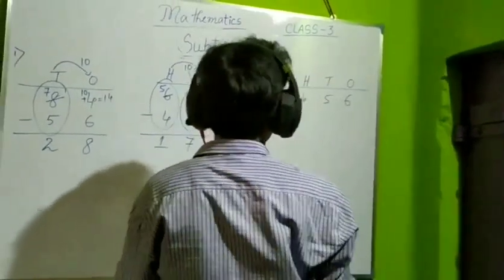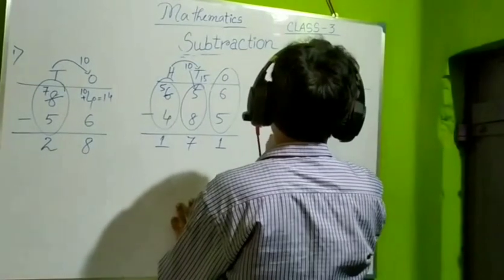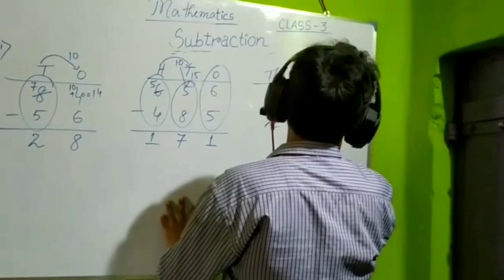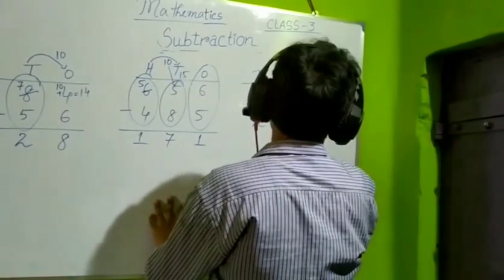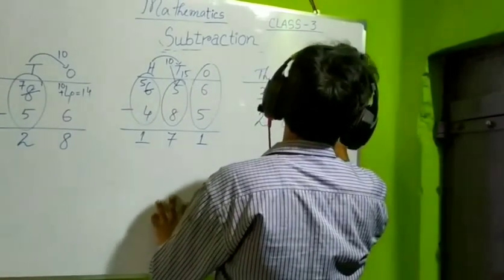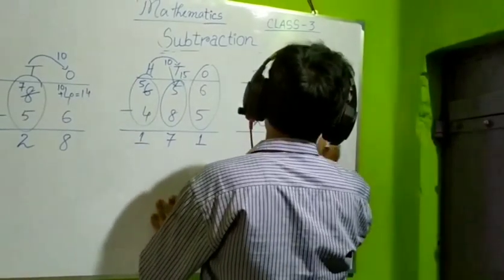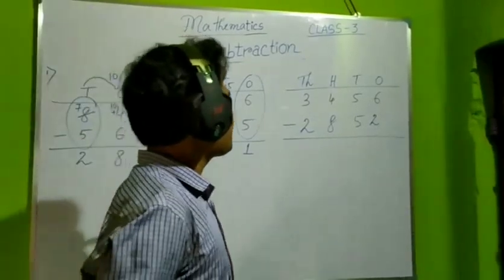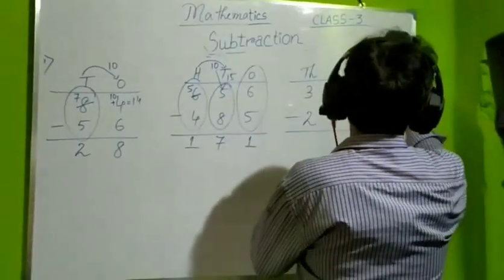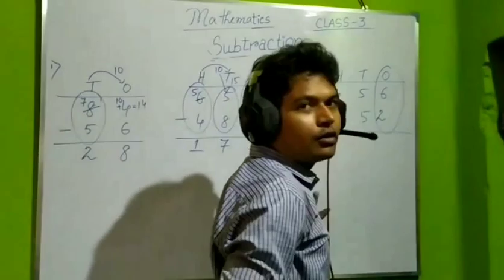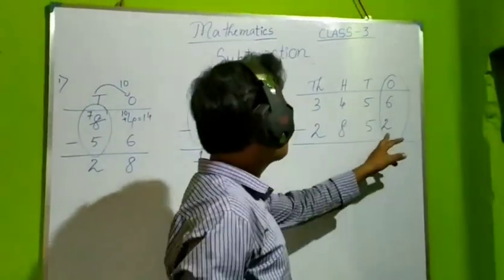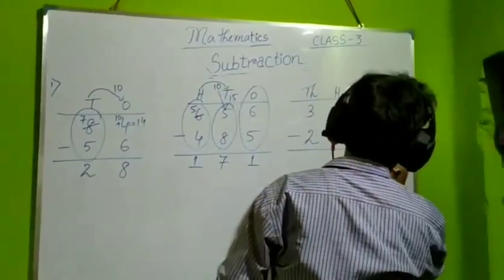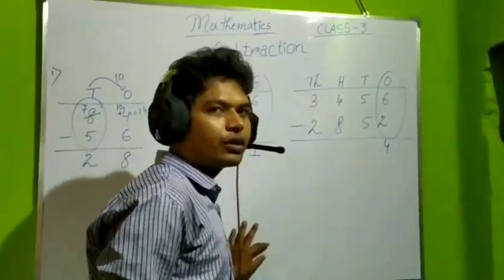Then you write down another number which is smaller than this number, that is 852. Now you subtract between these two numbers. So at first, as we know, you take the ones place number. So we have to subtract 2 from 6. As 6 is greater than 2, we get 6 minus 2 equals 4.